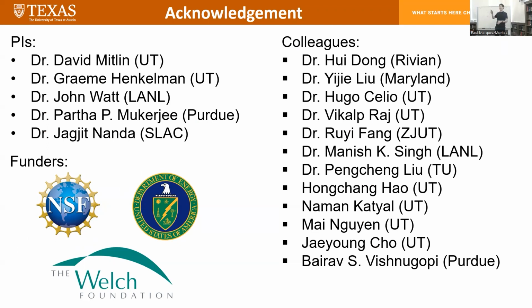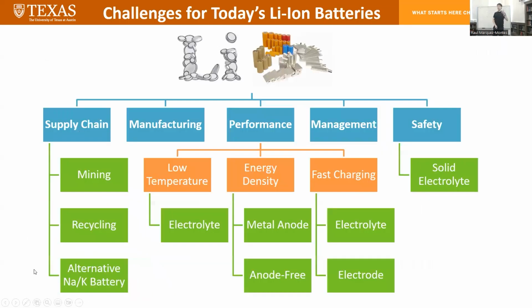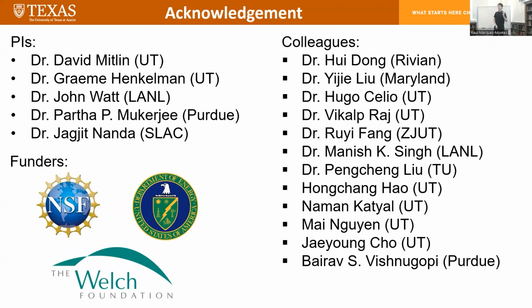I believe his office is somewhere in this building. And also his students Naman, Mai, Jiang, who helped us with the DFT simulation work. And also our collaborator, John, at Los Alamos National Lab. Basically, all the cryo electron microscopy was done at Los Alamos. Also, Parsa from Purdue University and his student Barry, they did the mesoscale simulation, which you will see in my talk.